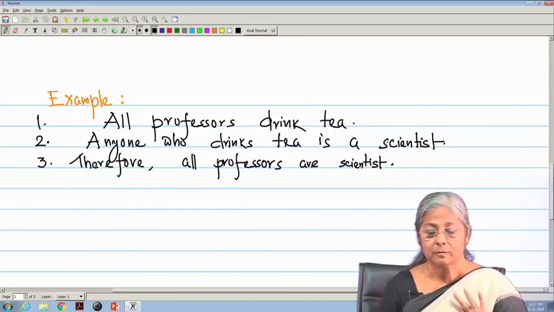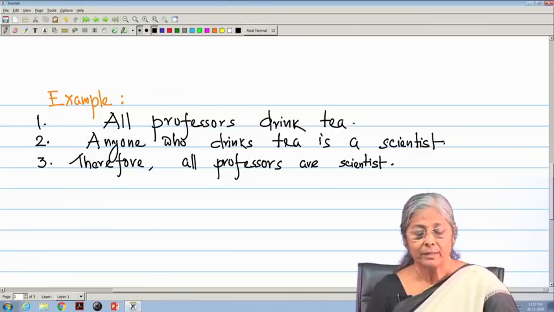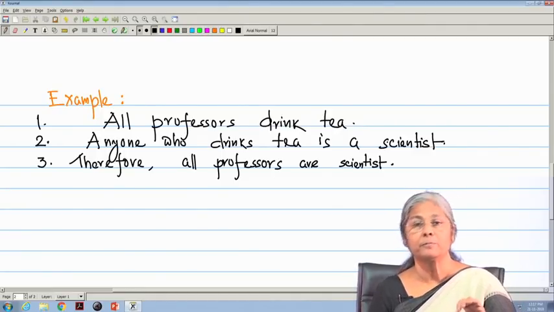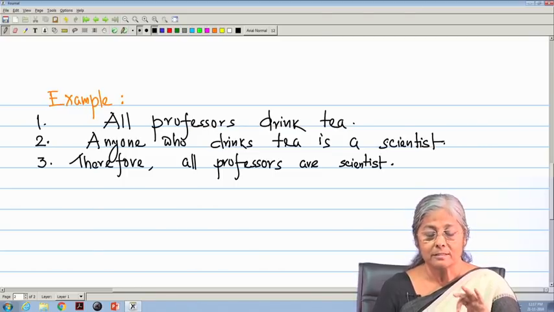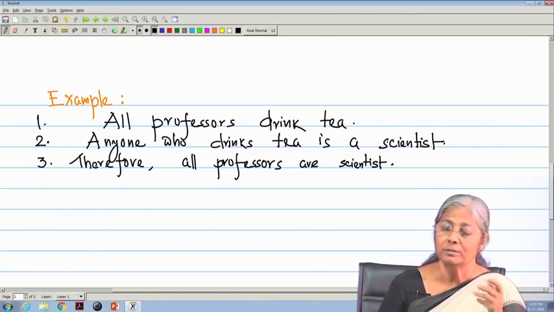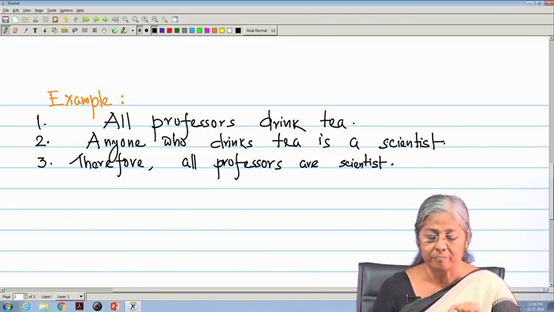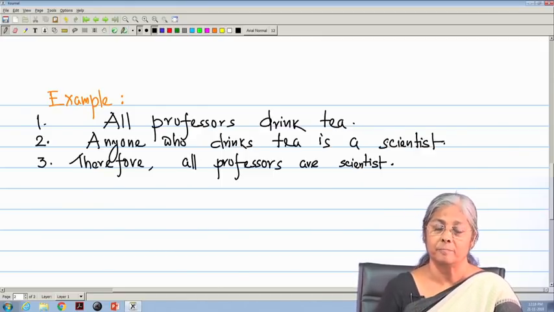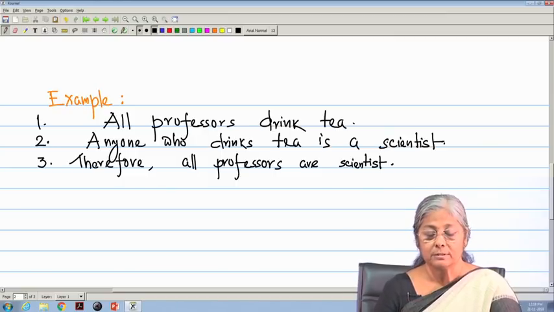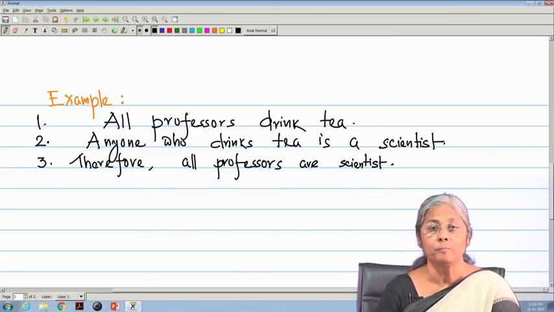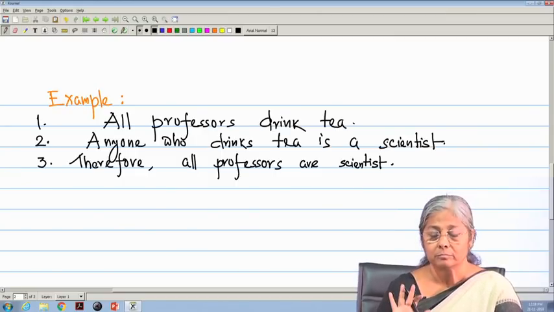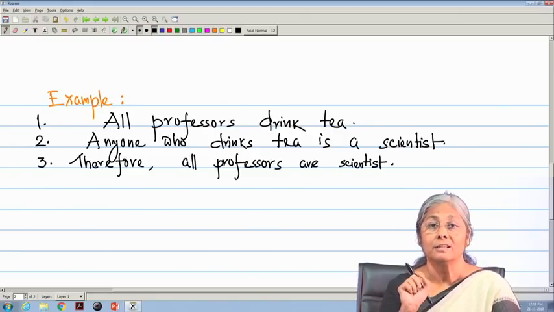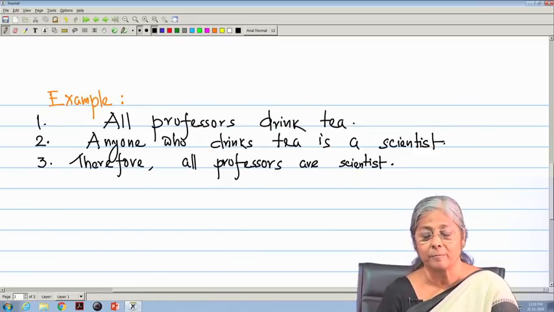Let us explain this simple example. Statement 1 tells all professors drink tea. Statement 2 tells anyone who drinks tea is a scientist. So, the third statement tells therefore, all professors are scientists. For statements 1 and 2 we are not concerned whether they are correct or not.